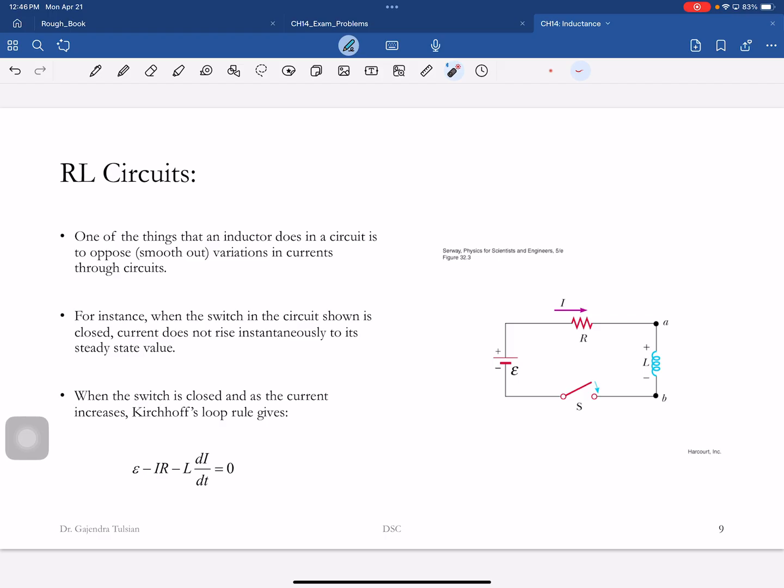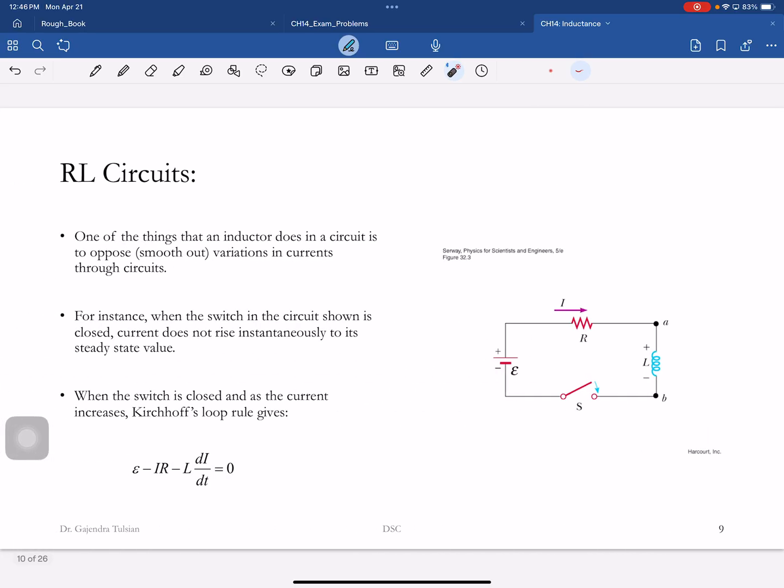So what is an inductor? An inductor is a coil of wire, and we'll see what it does in a circuit. Here's a circuit with an inductor and a resistor.